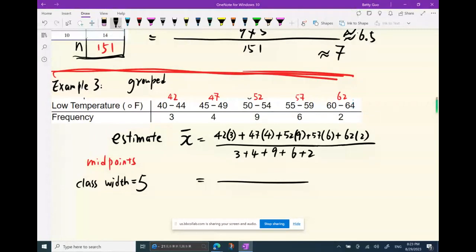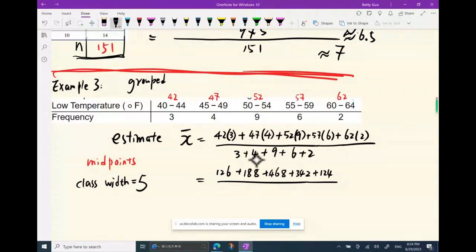We're going to do the multiplication first. This one is 126, and that is 188. Double check. And that one is 52 times 9, 468. And this one is 57 times 6, and that one is 124. And the denominator, I can just add them up, right?